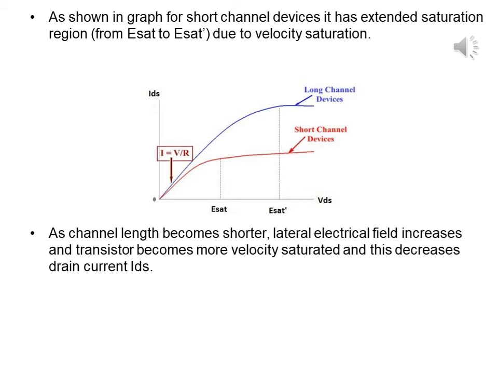For long channels, it is also shown there. As the channel length becomes shorter, the lateral electric field increases and the transistor becomes more velocity saturated, and hence drain current decreases.